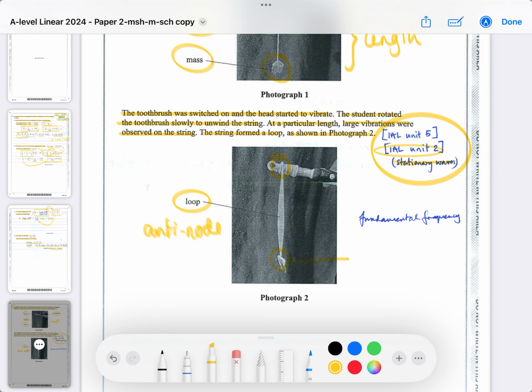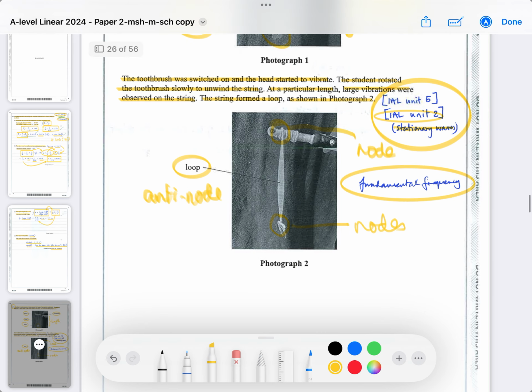If you've got two nodes and one antinode, that will be called the fundamental frequency or the first harmonic. Resonance is a Unit 5 topic, so it does make sense to link Unit 2 and Unit 5.